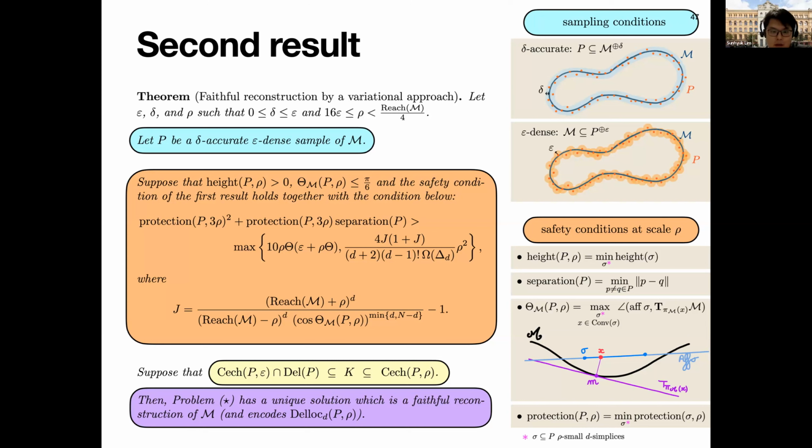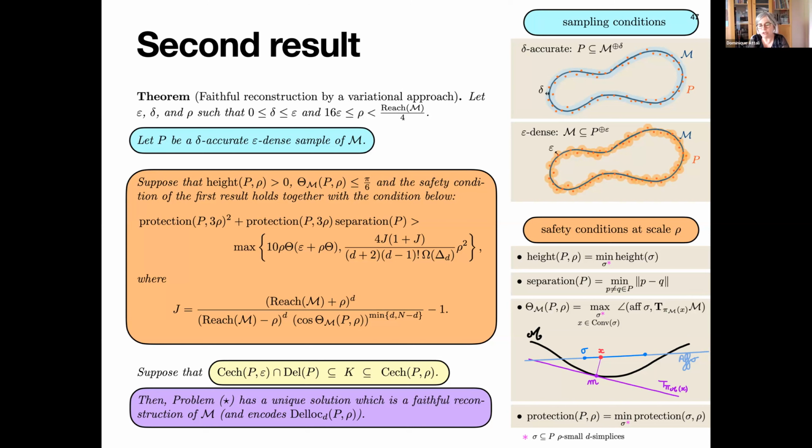Dominique, I think I missed something. What is K here precisely? So K is a simplicial complex that you know how to build easily from your point set P. Typically, it can be the Čech complex of P intersected with the Delaunay complex. For instance, if you are in small dimension, you would choose that.